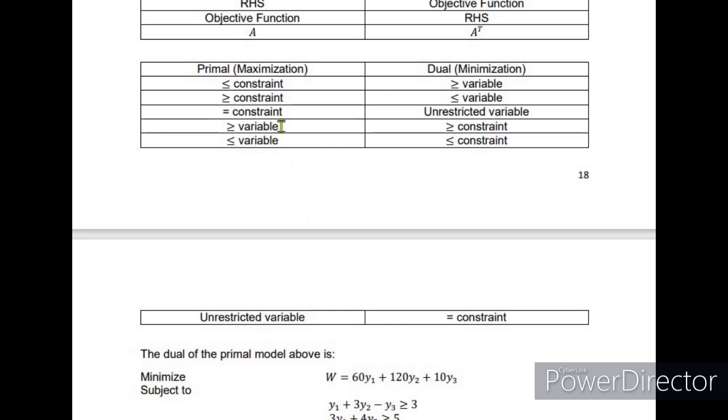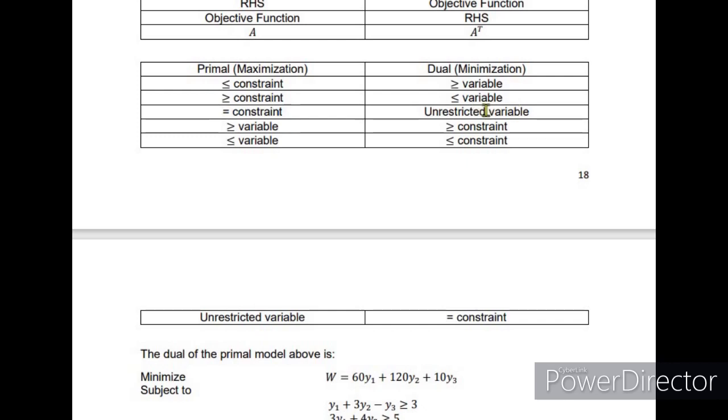So here are the other rules, if the primal is maximization and the dual is minimization. If the constraint in the primal maximization is less than or equal, the variable will have a greater than or equal symbol for the dual minimization, and it is vice versa. Next, if the constraint in the primal maximization has an equal sign, the dual minimization will have an unrestricted variable.